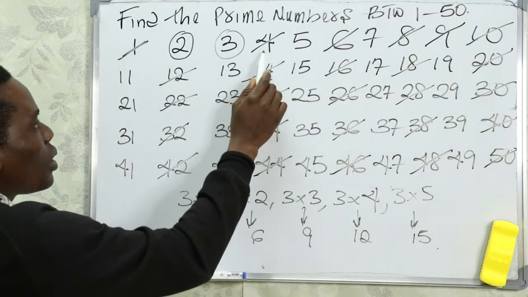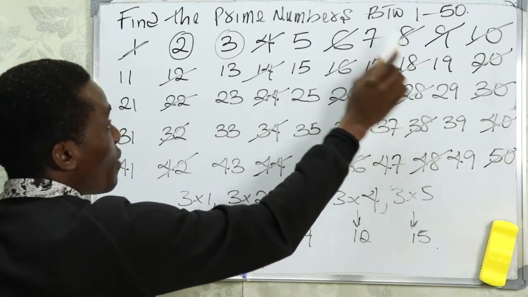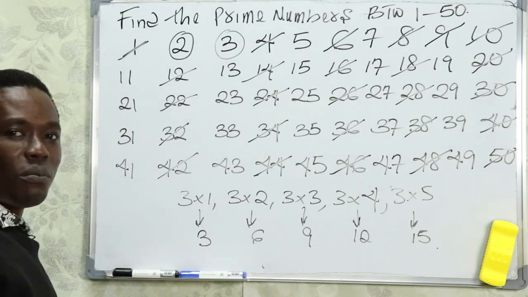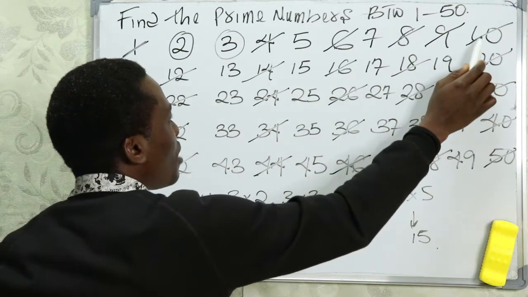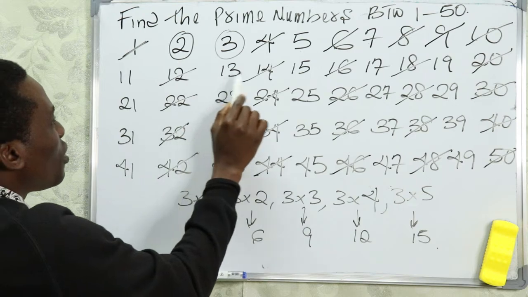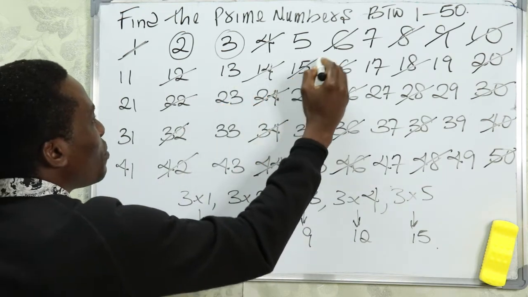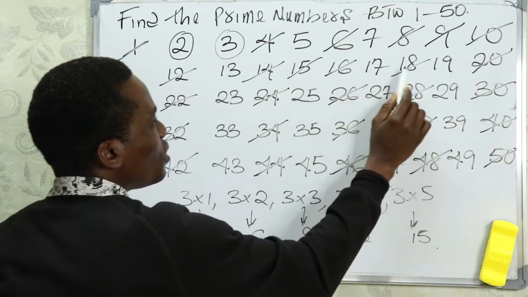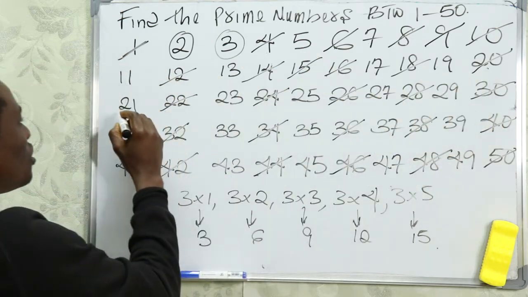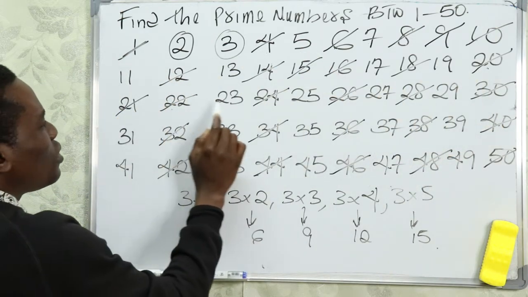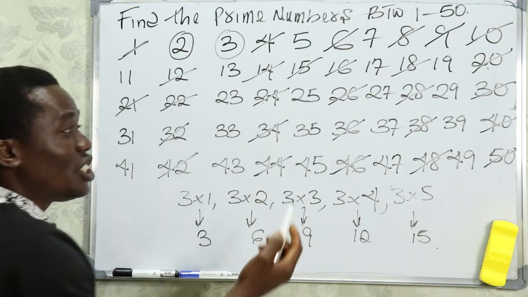After 3, we count 1, 2, 3, 4, 5, and the next one is a multiple of 3. Again we count 1, 2, 3, 4, 5, and the next one is a multiple of 3. It's a logic, you know.